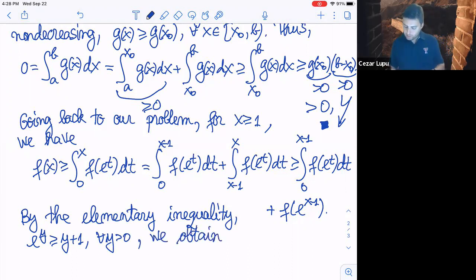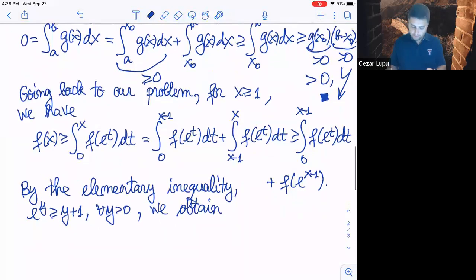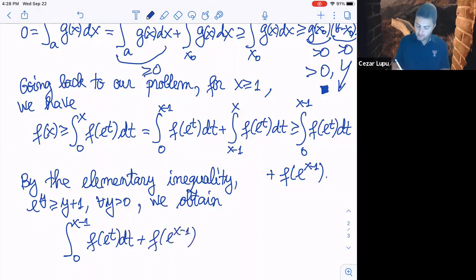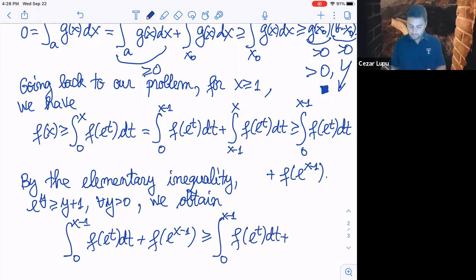Let's look at this guy here, the last. We obtain that the integral from 0 to x minus 1 of f of e to the power t dt plus f of e to the power x minus 1 is greater or equal, and now let's be careful here, to the integral from 0 to x minus 1 of f of e to the power t dt plus, my function is increasing, so plus f of x, right?